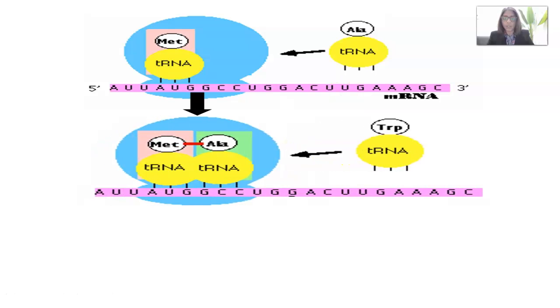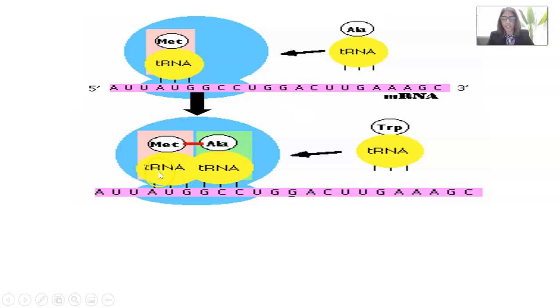As we move along, we can see that the tRNA molecules are now sitting adjacent to each other in the ribosome, and the amino acids are also sitting adjacent to each other. And what starts to happen is a peptide bond forms. So once that bond has formed, the tRNA molecule will release the amino acid and move away, and it will go back into the cytoplasm to collect another amino acid.